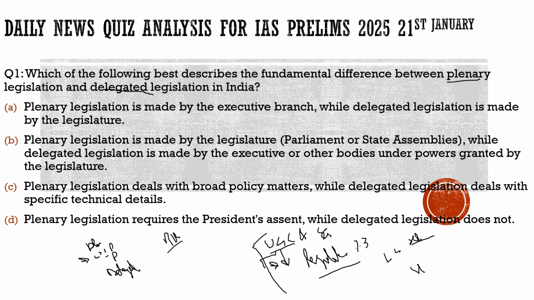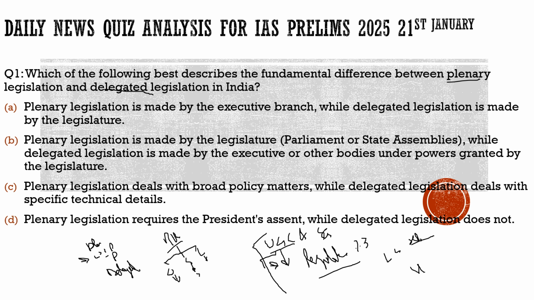The 7th Schedule gives us 3 lists: the union list, the state list, and the concurrent list. We know that the items which are in the union list are governed by the central government. Items which are in the state list are governed by state governments, and for items in the concurrent list, both governments can make laws with respect to that.